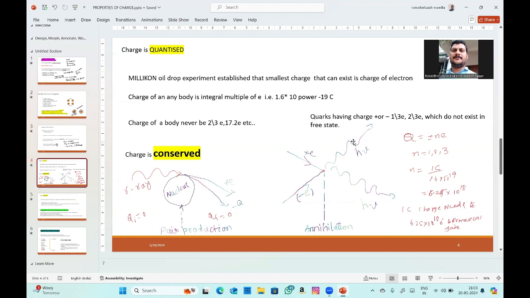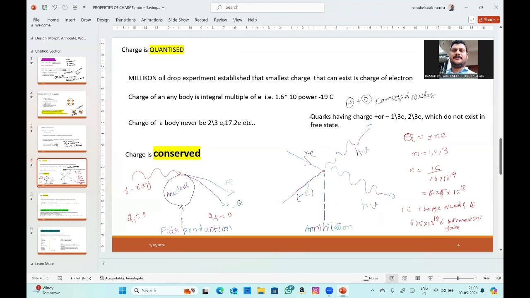But when proton and neutron compose in a nucleus, not in the free state, the quark subatomic particles will form.